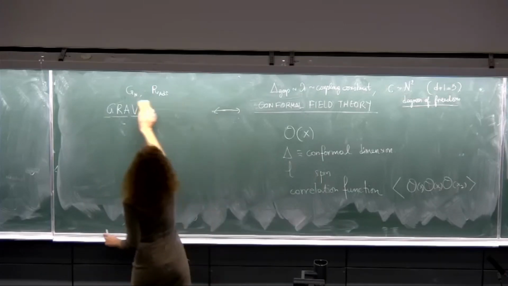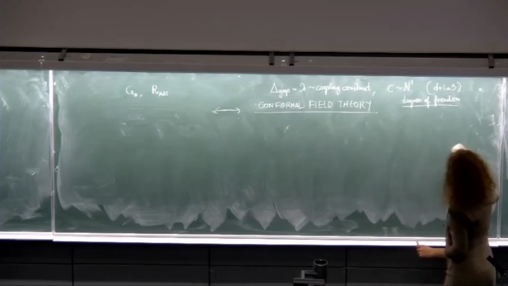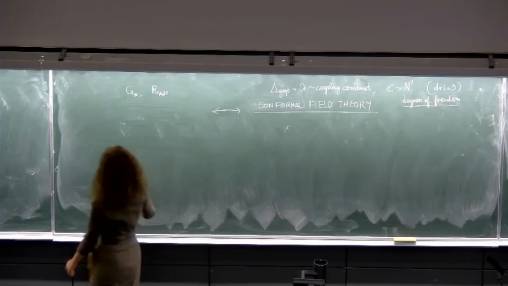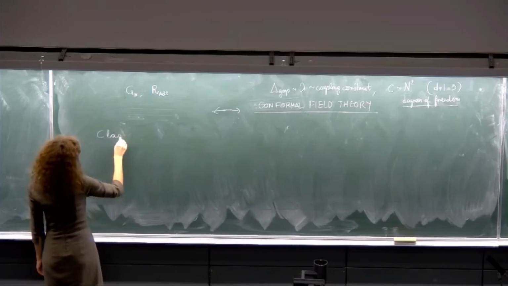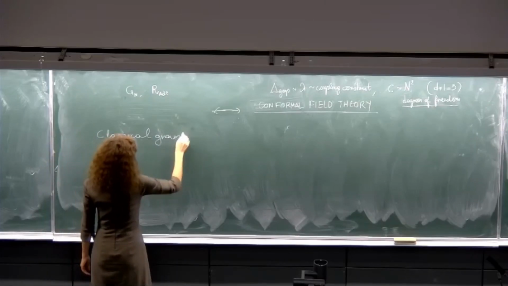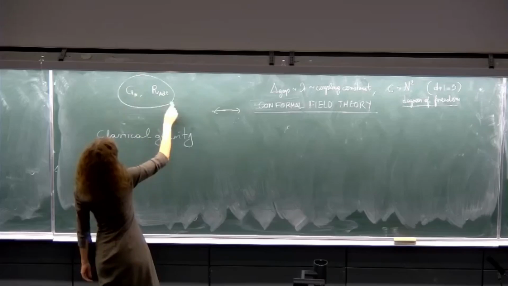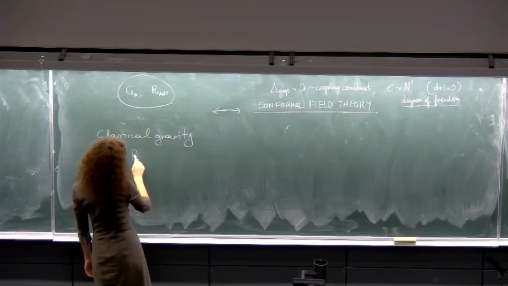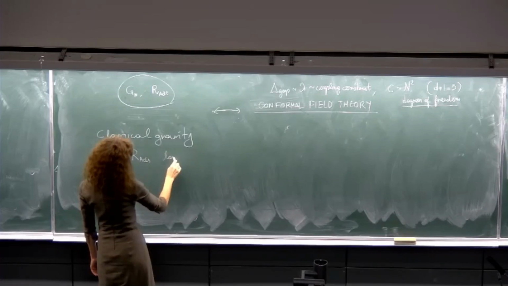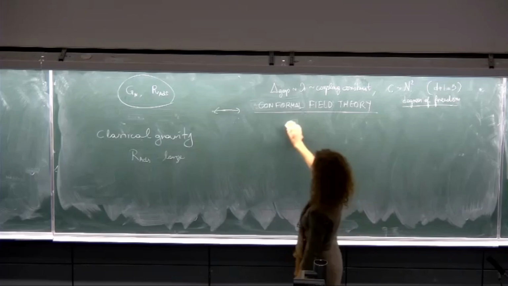Not too much because it is beyond scope, but it's important to understand that when we have classical gravity here, fixed by these parameters, the radius of AdS is very, very large. What do we have here?